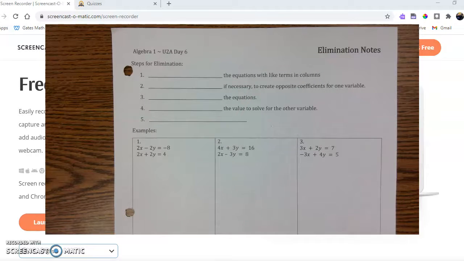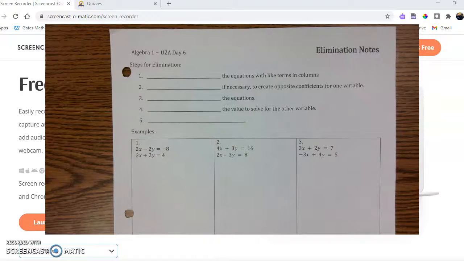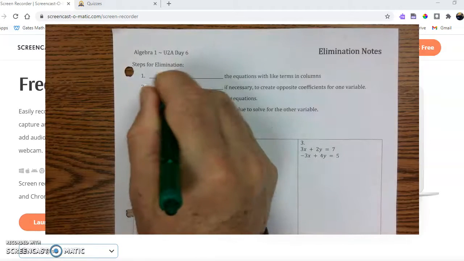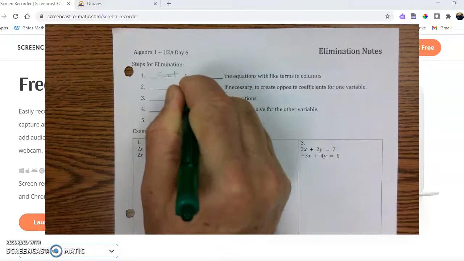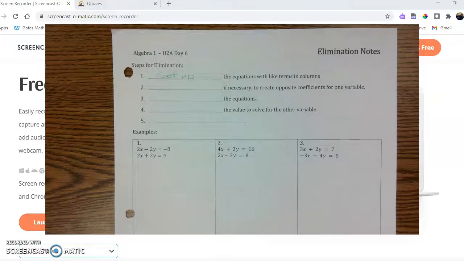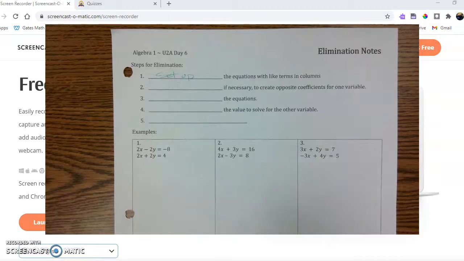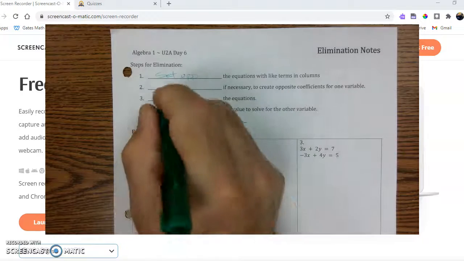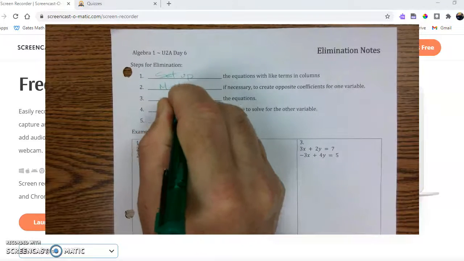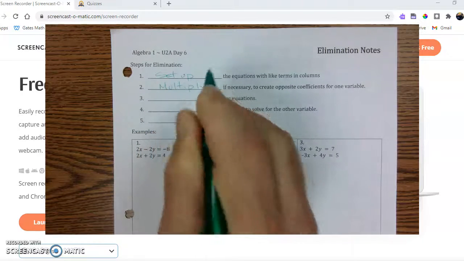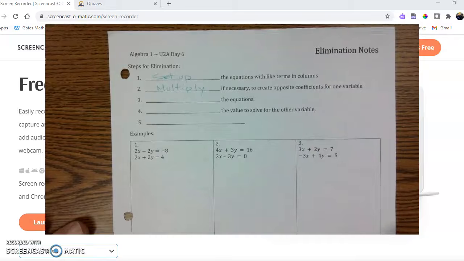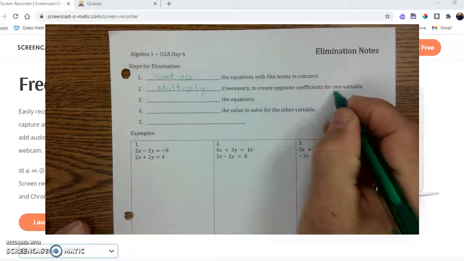All right. So we need to make sure we set up the equations with like terms in columns. Then we need to multiply, if necessary, to create opposite coefficients for just one of the variables.